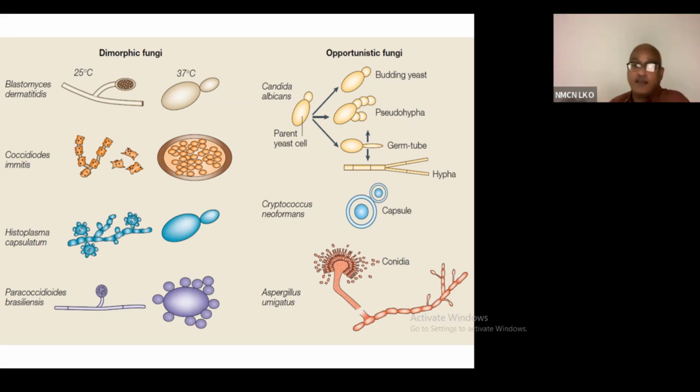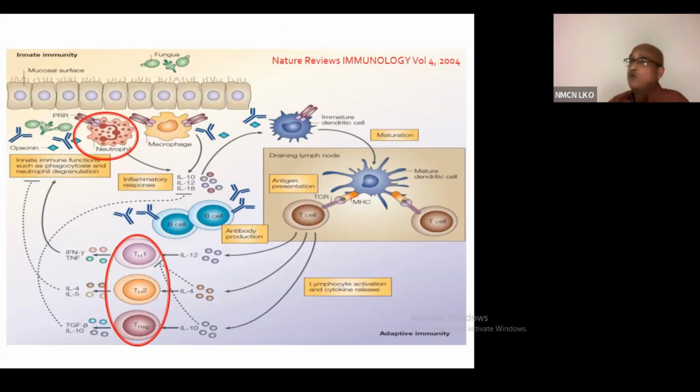So you can have Candida, you can have Cryptococcus, you can have Aspergillosis. As your immunity goes down, the Aspergillus is going to keep on increasing in your systems. What hits you most is the neutrophil, because they protect you most. So if your neutrophils are going down, you are in trouble. Any patient in neutropenia is bound to have a fungal infection.